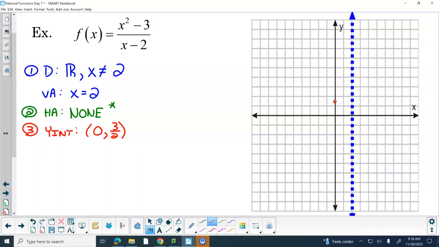Step 4 said x-intercepts. What do I do for step 4? Set the top equal to 0. Can I add 3 to both sides? Can I square root both sides?